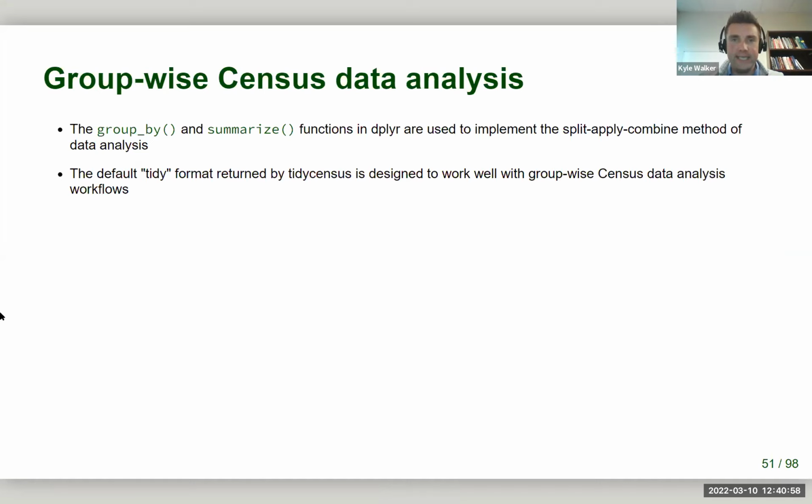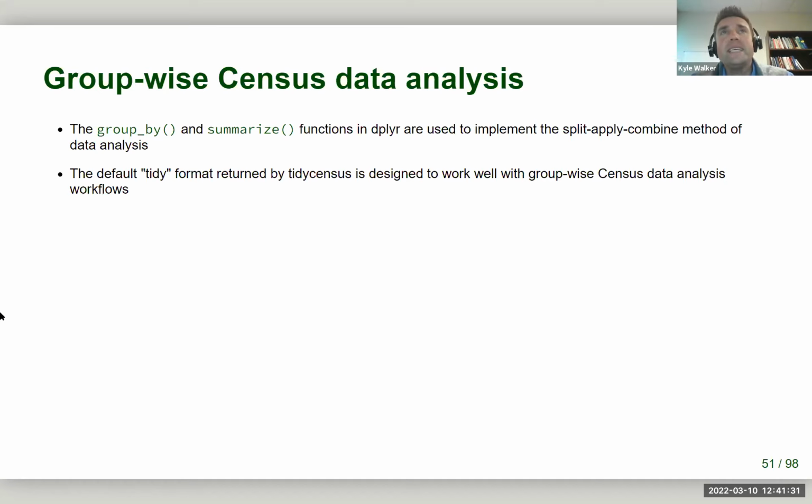You then split the data set into those groups. You apply a function to each of the groups. And then once that function is applied to each of those groups, such as calculating a mean or finding the maximum, you take that result and you combine it back into an output data set that will allow you to compare a metric across groups.